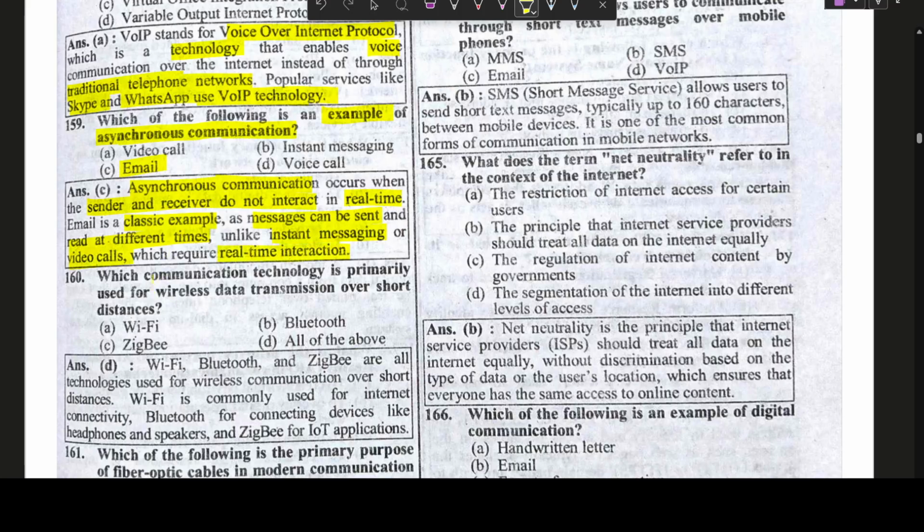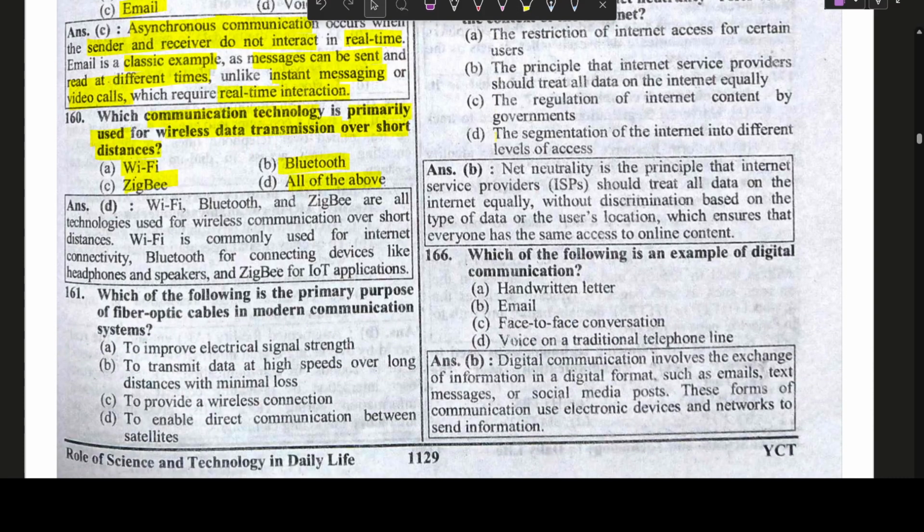So which communication technology is primarily used for wireless data transmission over short distances? So it's all of the above. Wi-Fi, Zigbee, and Bluetooth are all primarily used for wireless data transfer over short distances.